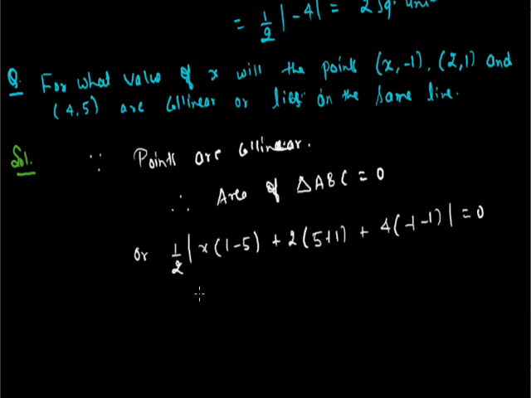This will become minus 4x plus 12 minus 8 equal to 0. So minus 4x equal to minus 4. So x equal to 1. Now next problem.